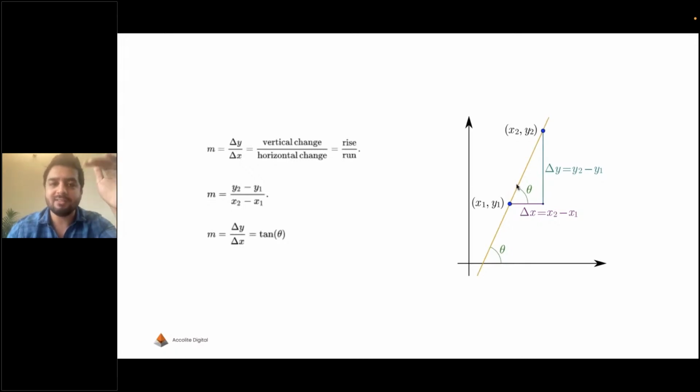The hill might not make a good example here because we'd have to consider the angle theta. But let's say these are GPS coordinates, latitude and longitude. You take the y, subtract them, and divide by x, and you get the slope. Slope really tells you how steep something is. In terms of angles it's tan theta, but let's ignore that. So this is a way of finding the slope.